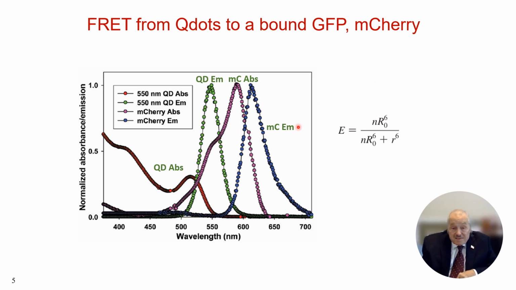You can see, looking at the mCherry absorption spectra, that there's very little absorption from mCherry down in this region. So it provides an ideal opportunity to excite the quantum dots and have the quantum dot emission at a shorter wavelength than the mCherry absorption.